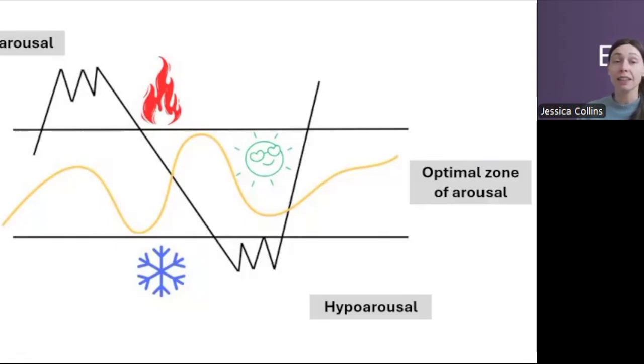And lots of factors can affect our window of tolerance from day to day. Things like hormonal changes, if you're experiencing pain or you're particularly unwell, that might narrow your window of tolerance temporarily. Tiredness, among lots of other factors, can change how wide our window of tolerance is each day.